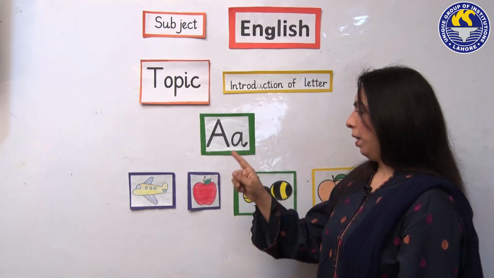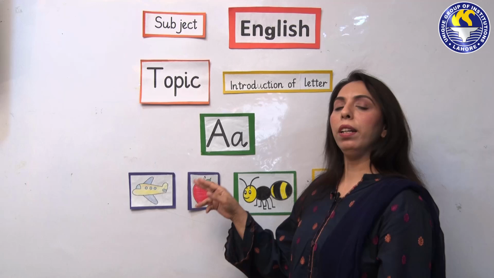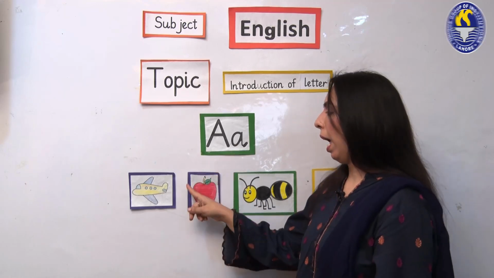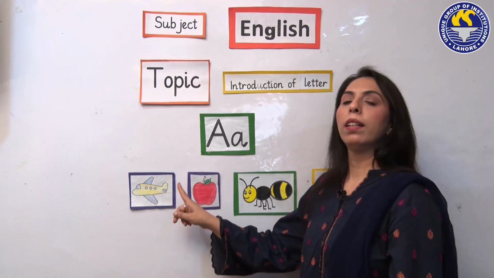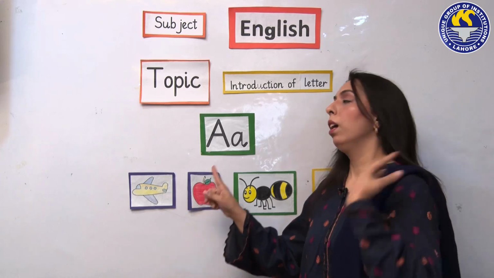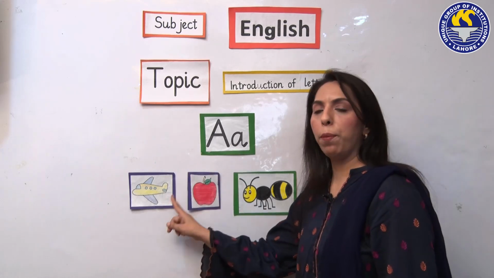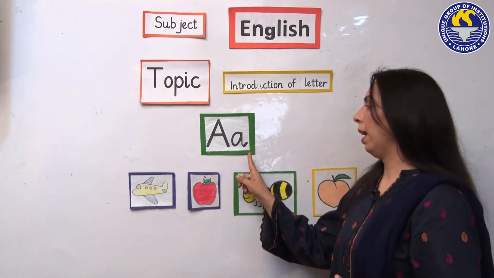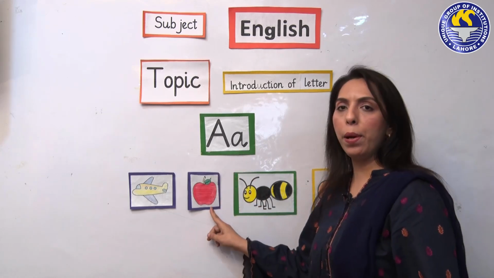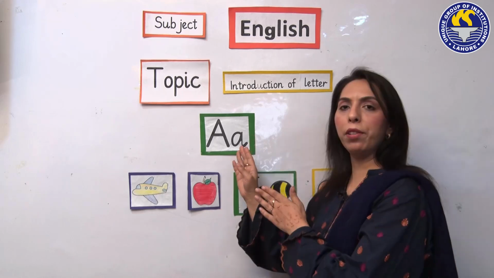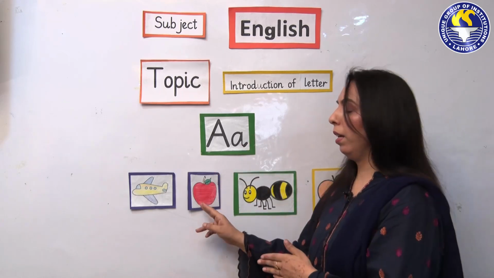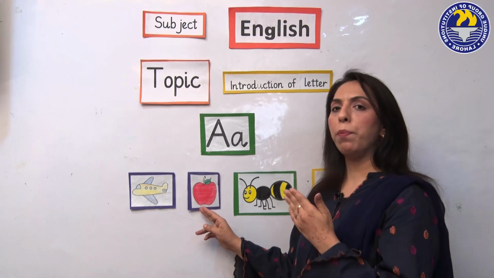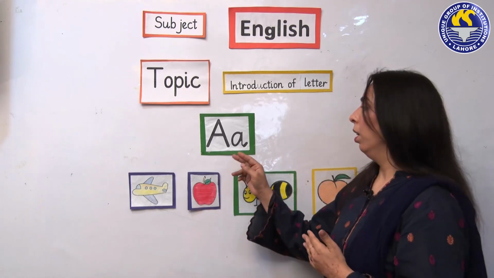Now we will learn the vocabulary of letter A. A. Aeroplane. आपने इस तरीके से रीडिंग करनी है. A. Apple. First of all letter, then उसका sound and then उससे related जो भी picture है आपने उसका name pronounce करना है.